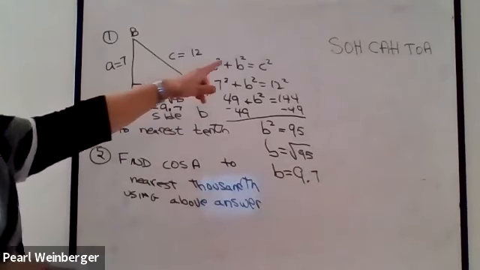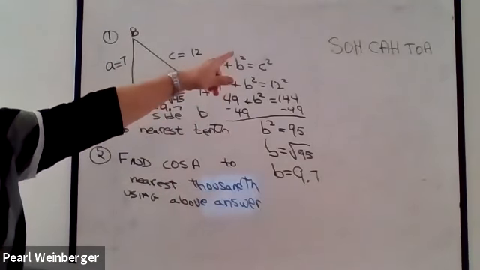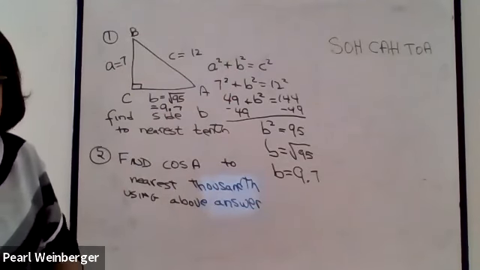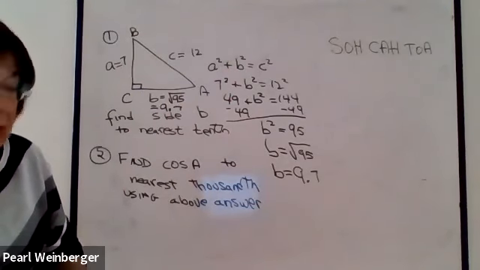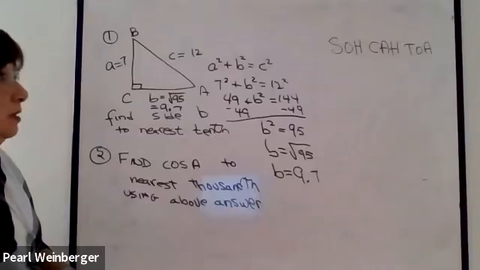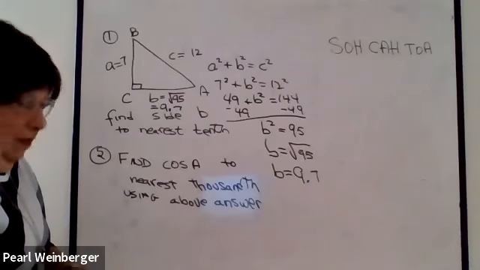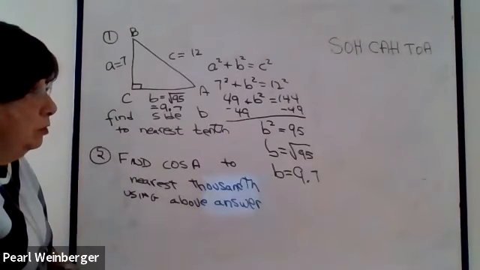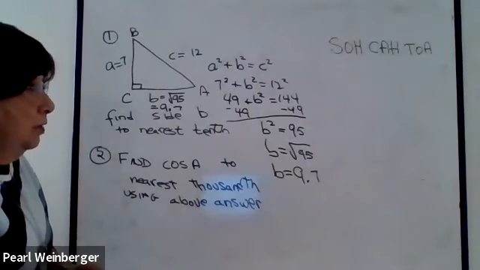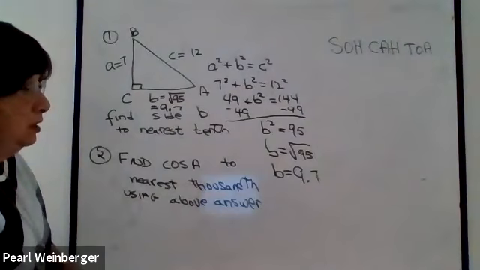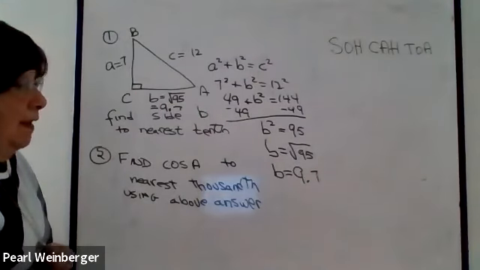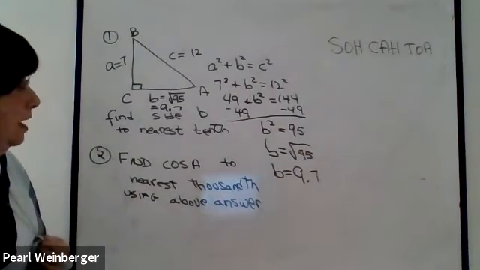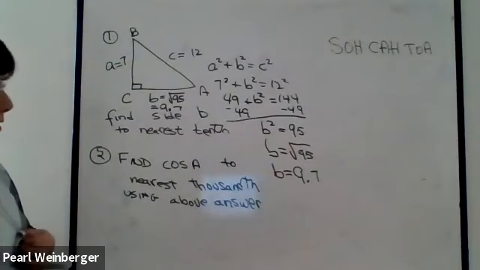Now, I left on the board from last time this SOHCAHTOA. That's so important for us to know when we're doing trigonometry. SOHCAHTOA is that way of reminding ourselves that the sine is opposite over the hypotenuse, the cosine is the adjacent over the hypotenuse, and the tangent is the opposite over the adjacent.